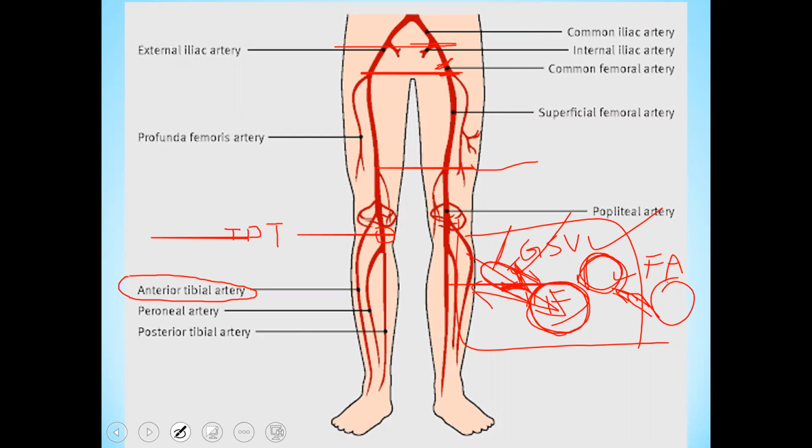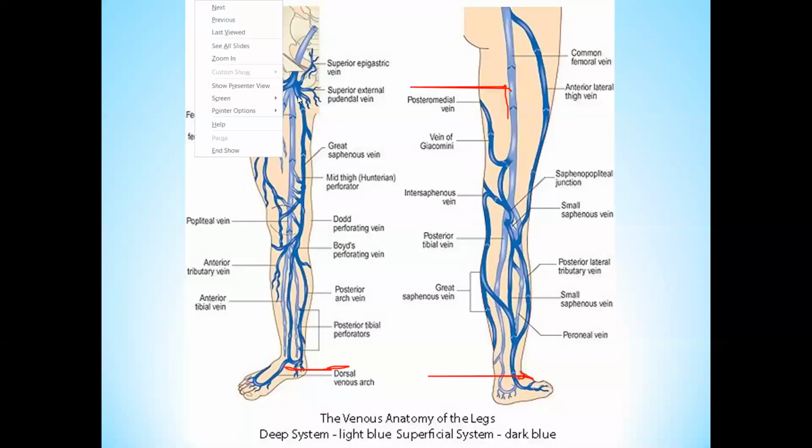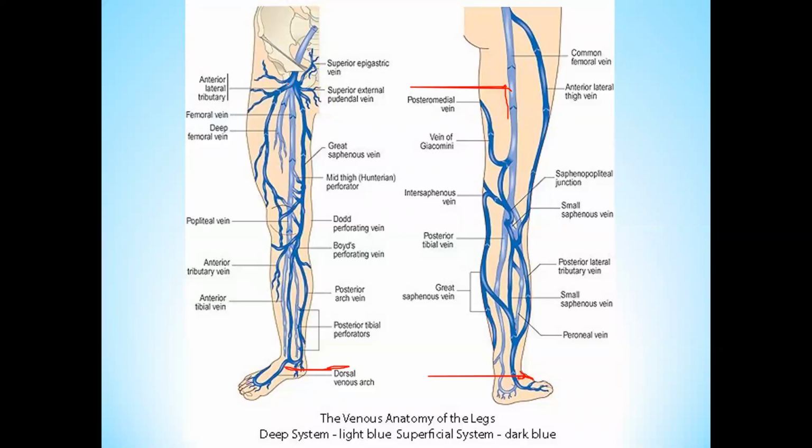Then move your transducer down. Preferably, the great saphenous vein should be followed in a lean patient, because here you can see this is the great saphenous vein, and here you have visualized the femoral vein.